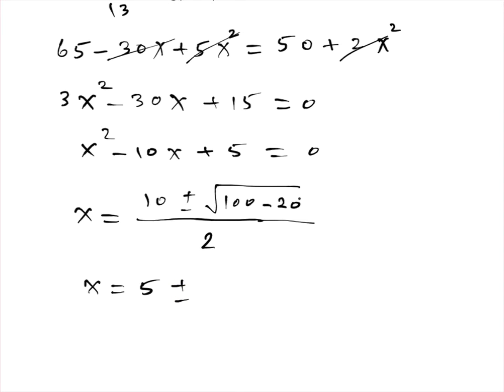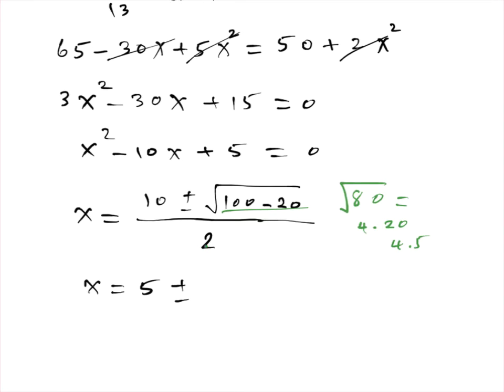Now inside the radical, you have 80. The square root of 80 is 4 times 20, right? And 20 is 4 times 5. So the 4 comes out, becomes a 2.